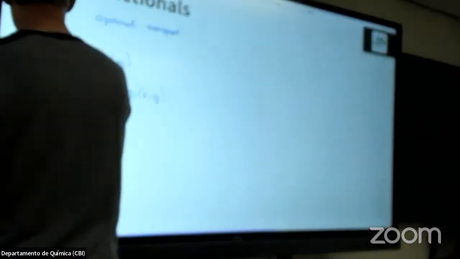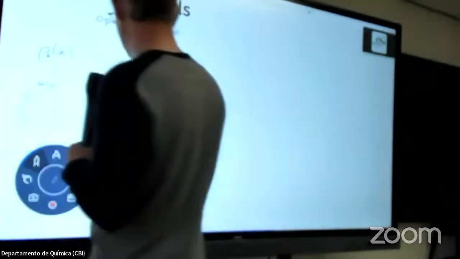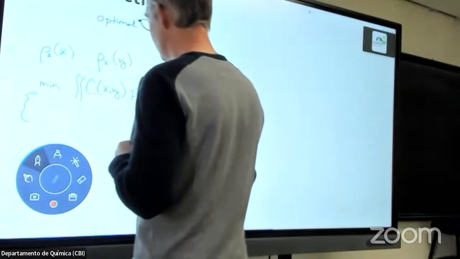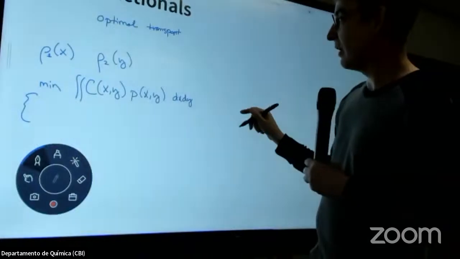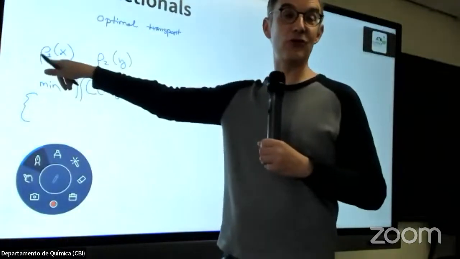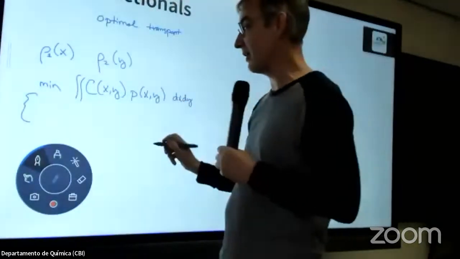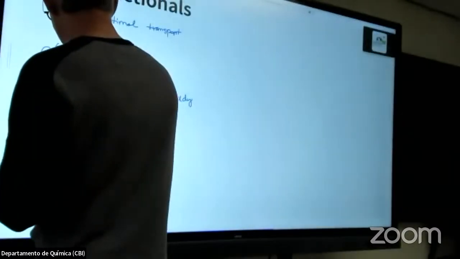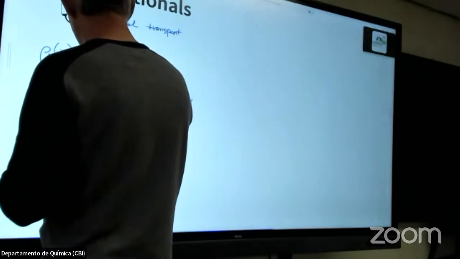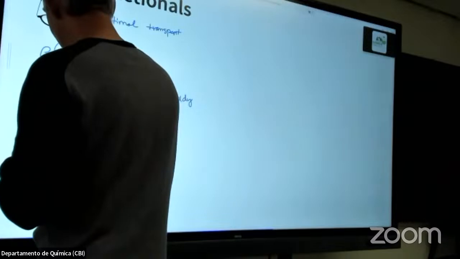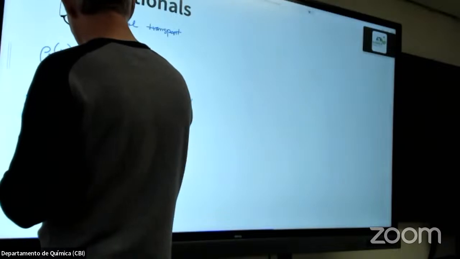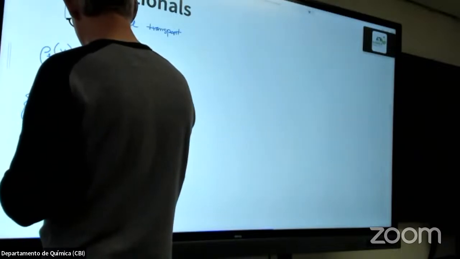They say, okay, so we're going to minimize this, but this quantity here isn't just anything. You can't just choose any distribution because there was an initial amount of stuff at x and an initial amount of stuff at y. So, subject to the constraint, the integral of p of x, y, dy is rho 1 of x, the integral of p of x, y, dx is rho 1 of y.